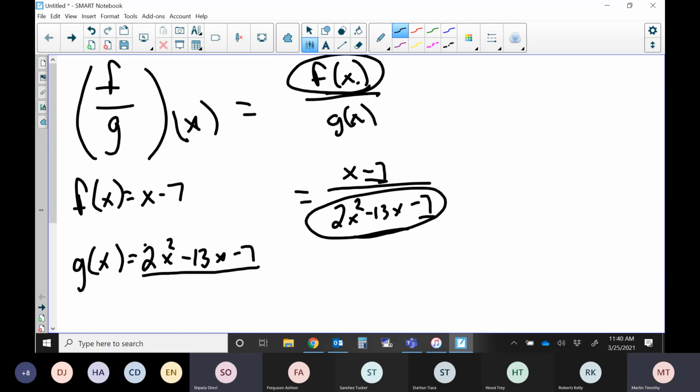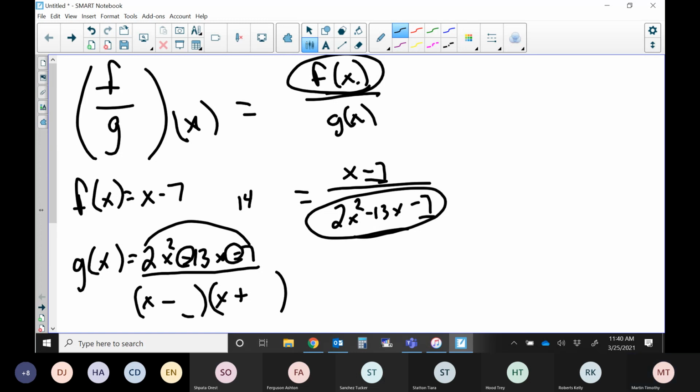So here's what we do. We multiply this times this, which tells us that it's 14. That's my target number. This right here says it's different signs. This one tells me the bigger one's negative. So I write x, and I write x, and I need two numbers that multiply to 14, but subtract: 14 and 1.